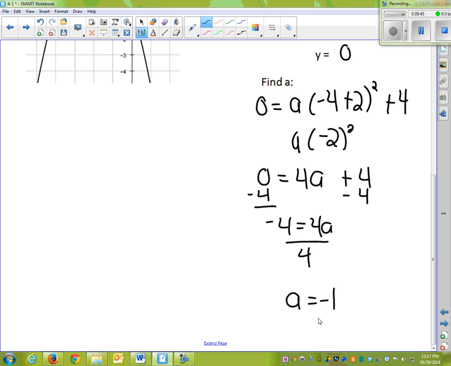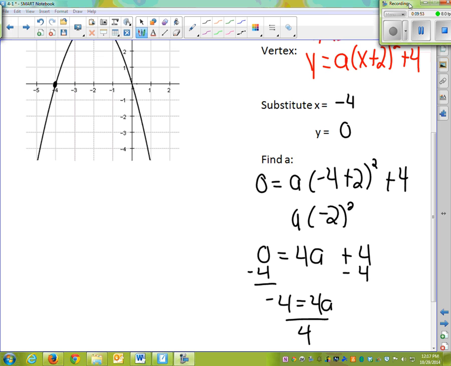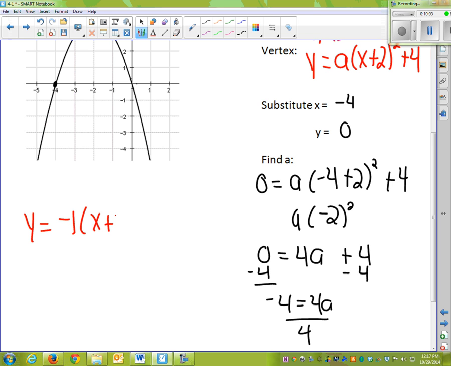So now I have h, k, and a, and I can put it all back to get my final answer. Coming back up to this equation, y equals, a is now -1, (x plus 2) squared minus 4. Or you could say y equals negative (x plus 2) squared minus 4.